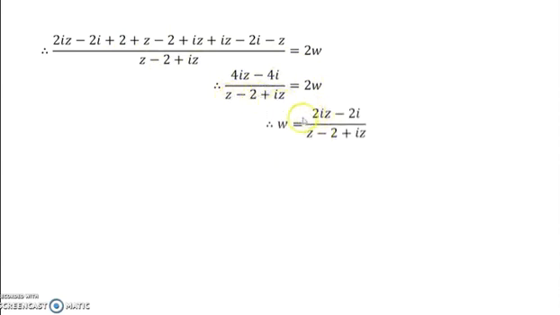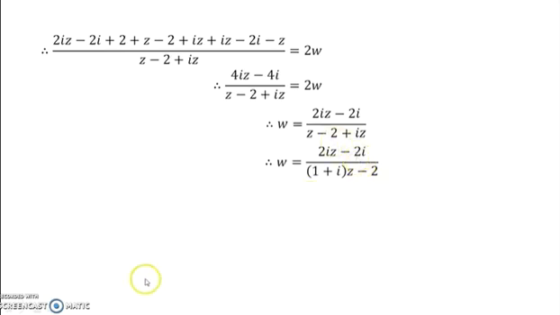The rest is W is equal to (2iz minus 2i) by (z minus 2 plus iz). So this is our final transformation. So W is equal to (2iz minus 2i) by, combining the z terms, (1 plus i) into z minus 2. So this looks like W is equal to (az plus b) by (cz plus d).